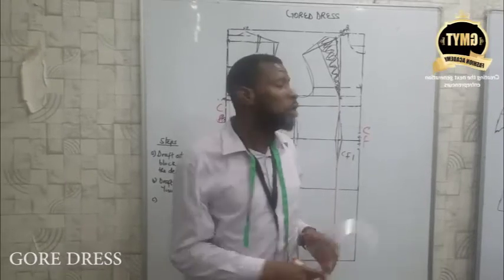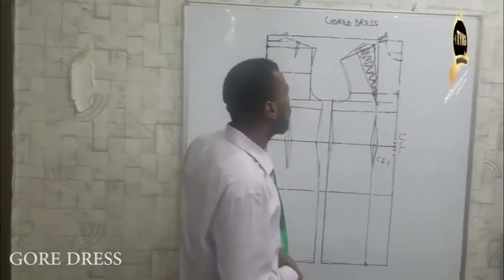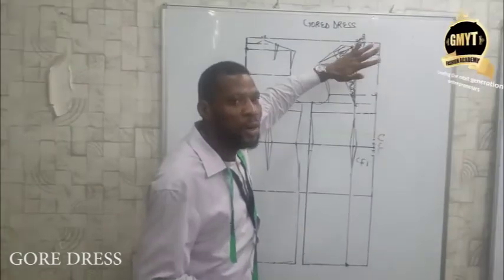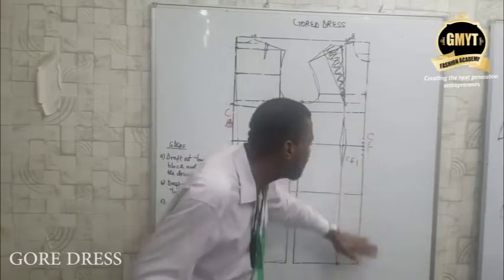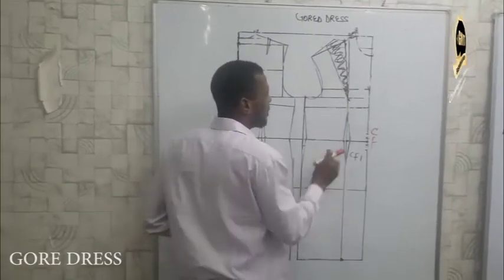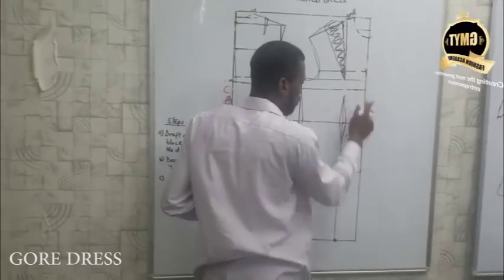Are you getting me? So for this class, all you need to do to get your gore dress is to first draft out your basic bodice block and extend to your desired length, and I've done that for mine. I'm trying to recap for those that are just joining us.